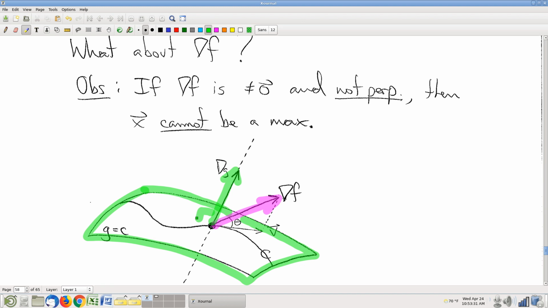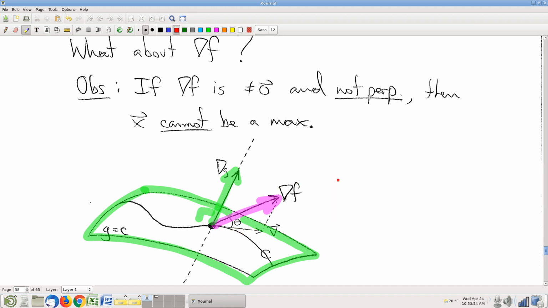Can we do that here? And no, not quite. Right? We can't just go in the direction of the objective gradient, because that's not going to keep us on our surface. So our previous strategy doesn't work. I can't say, well, look, as you go in that direction, the function's increasing, so who cares? I'm not allowed to go in that direction.